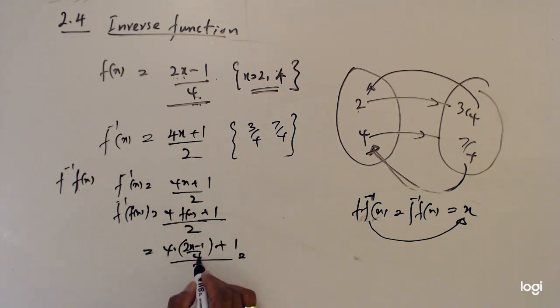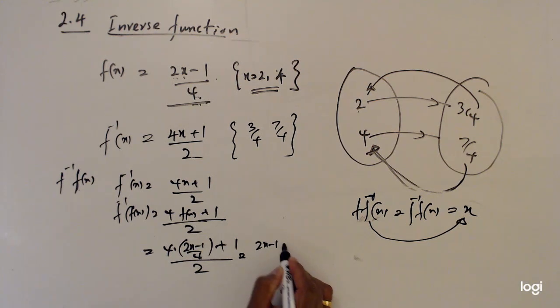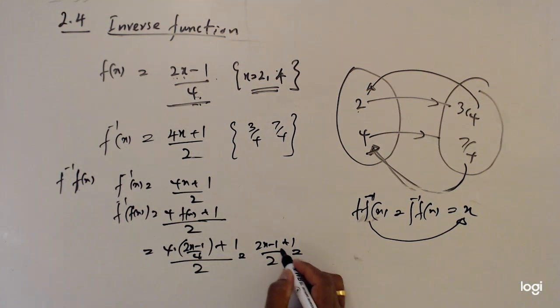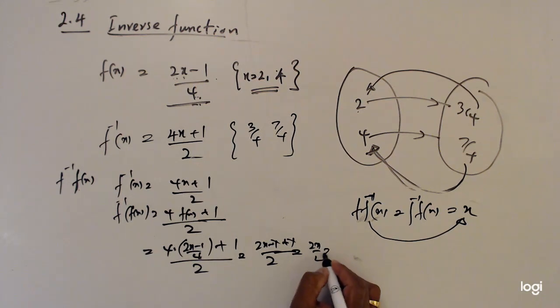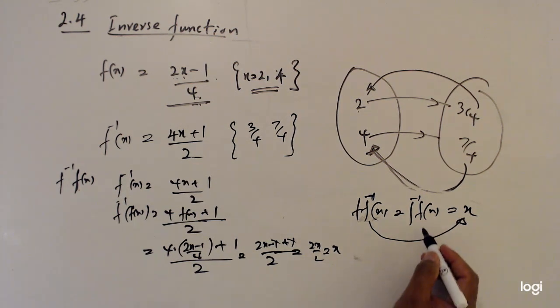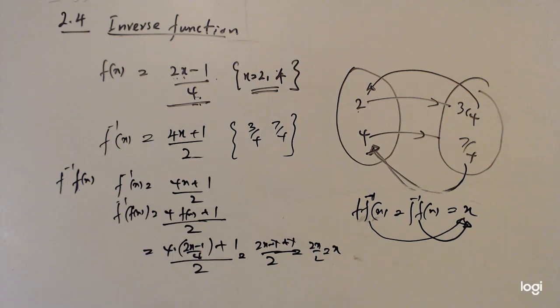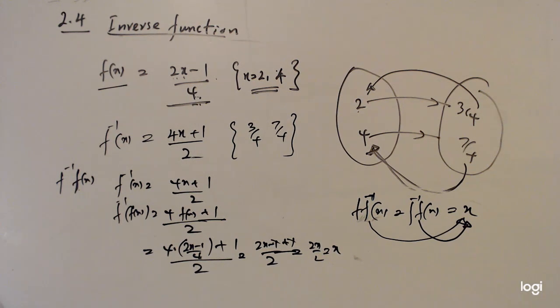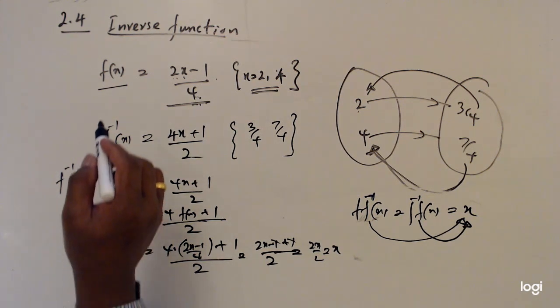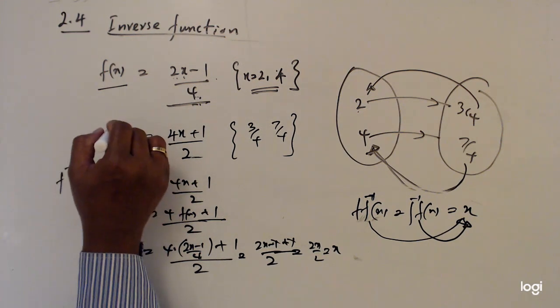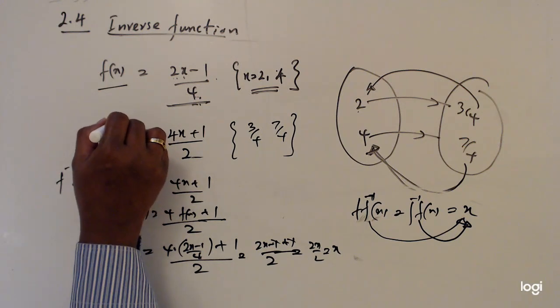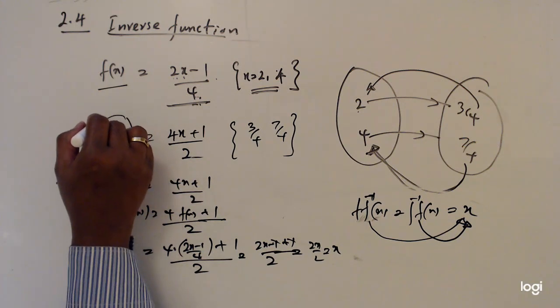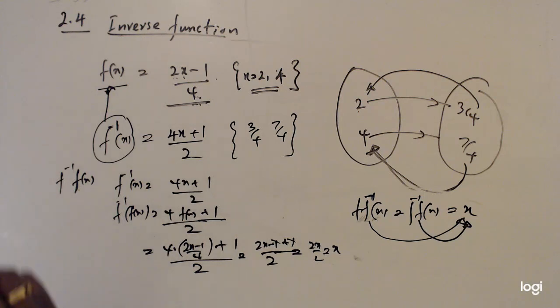Now this 4 and 4 cancel out. 2x minus 1 plus 1 over 2. The minus 1 and plus 1 cancel out. 2x over 2, which is x. Right. This is also right. So then f inverse x is the inverse of this one, f x.